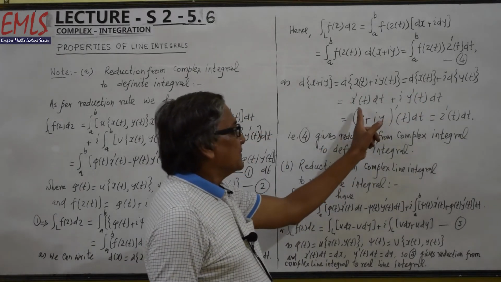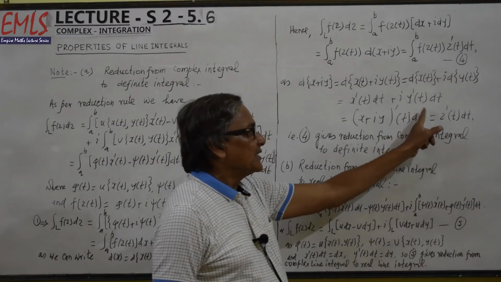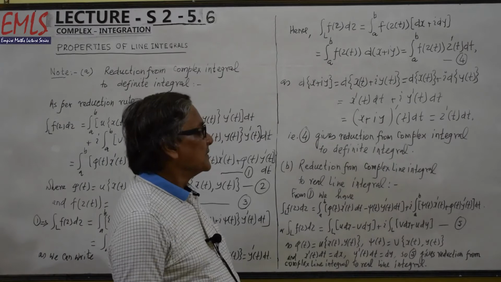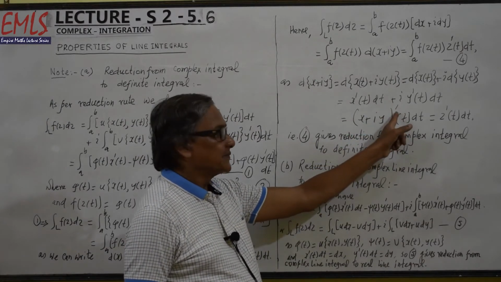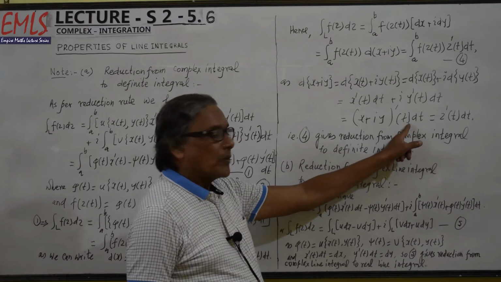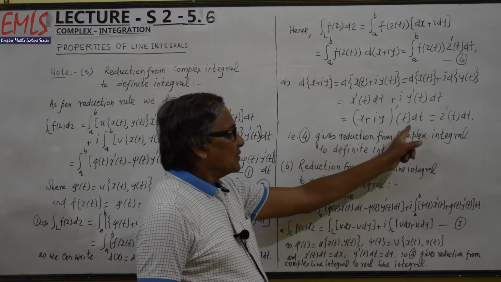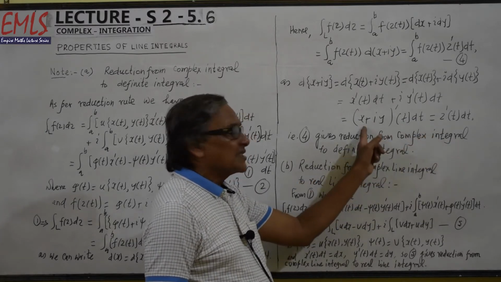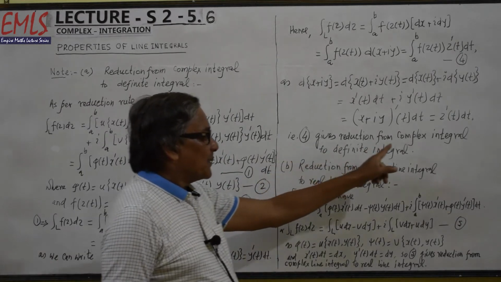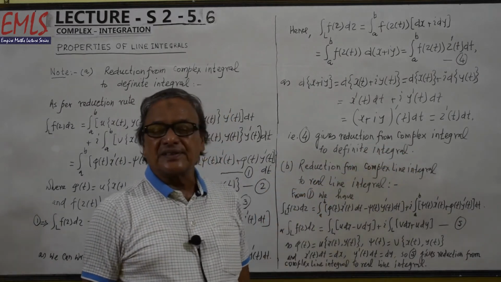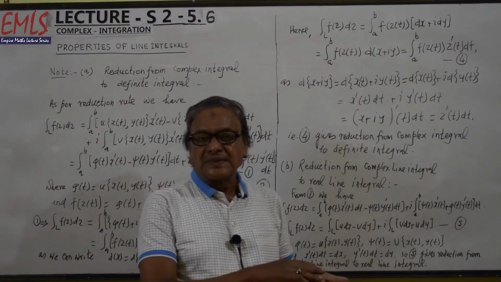So this will be equal to x'(t) dt plus i times y'(t) dt, that is equal to (x plus iy)' of t, operating upon t, dt. So this is finally z'(t) dt, because x plus iy is z. That is, 4 gives the reduction from complex integral to definite integral. So this is a reduction from complex integral to definite integral.